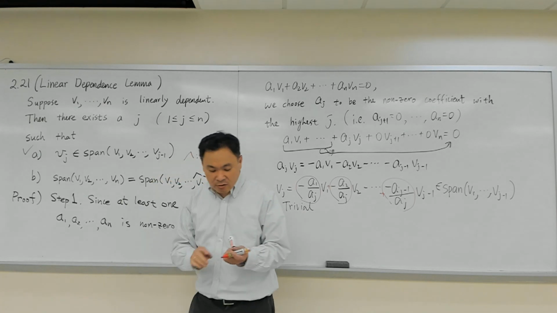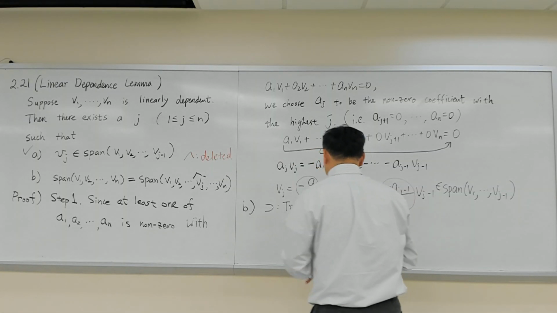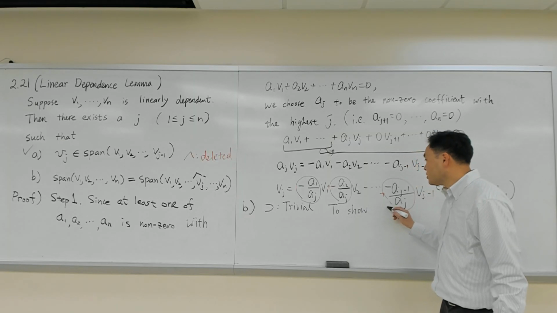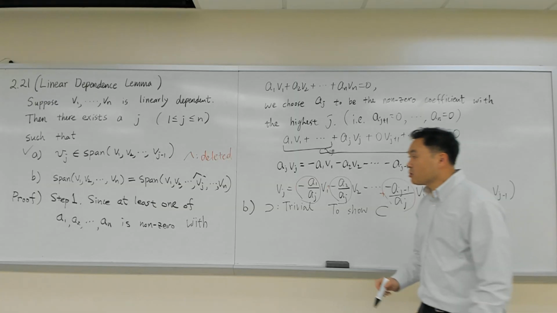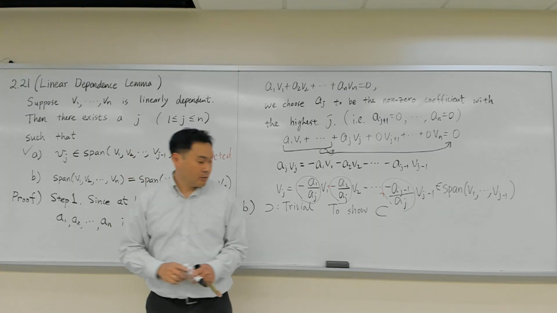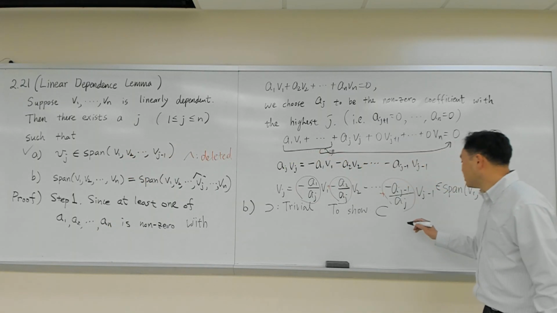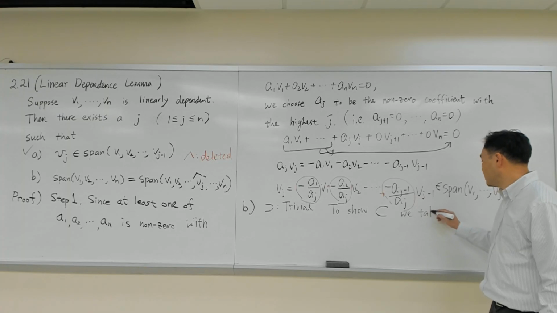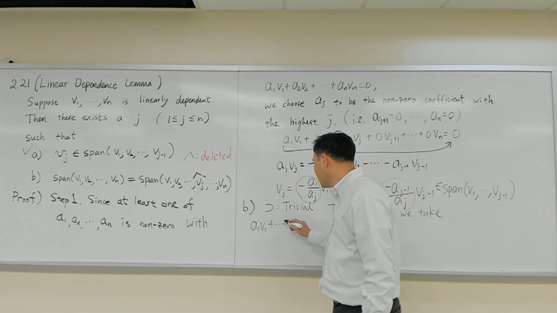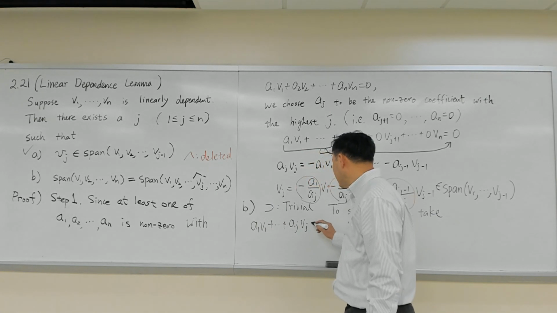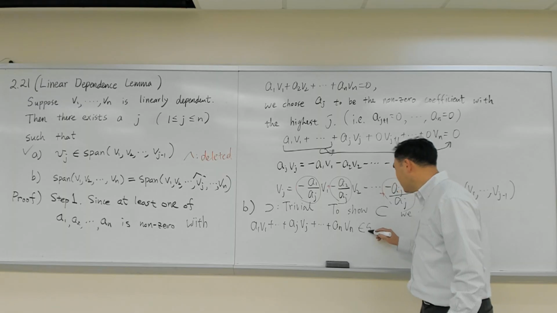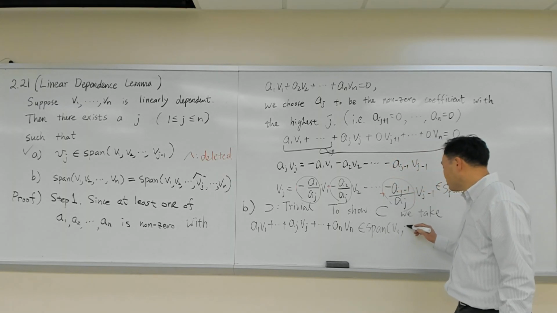Now to show the other direction inclusion, you take any element in here and show that it is in this one. So we take A1 V1 plus and so on, AJ VJ plus and so on, AN VN in the span of V1 through Vn.